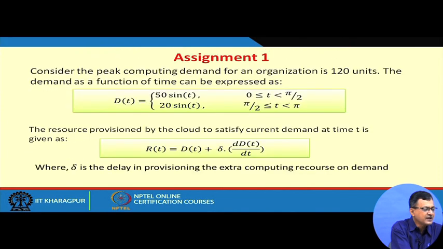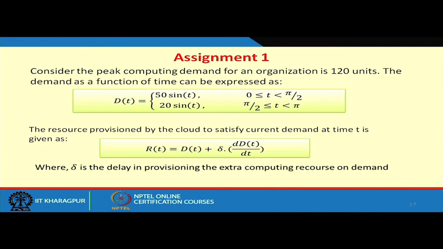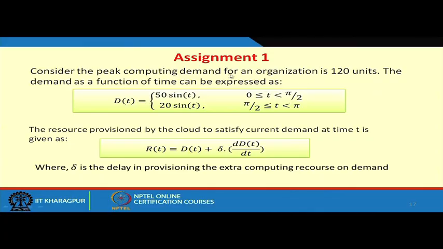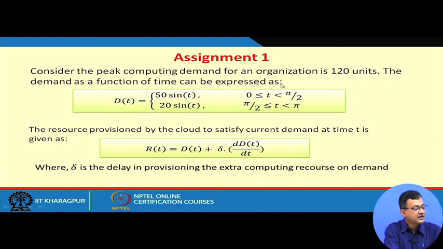Based on this, I have kept a small assignment for you to work on in your own time, and we will discuss it in one of these classes during some free time. It says: consider a peak computing demand of an organization of 120 units, and the demand as a function of time expressed as given, where D(t) is the demand over t.